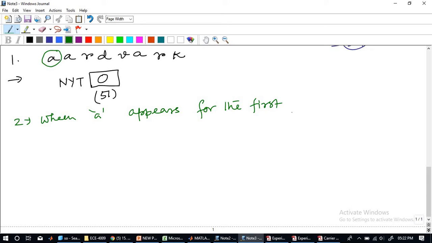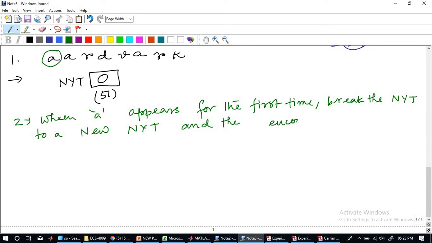You will soon forget after I do it. It will be easy when I am doing it, but it will be difficult for you to do it. So write the statement. When A appears for the first time, break the NYT into a new NYT and the encountered symbol.